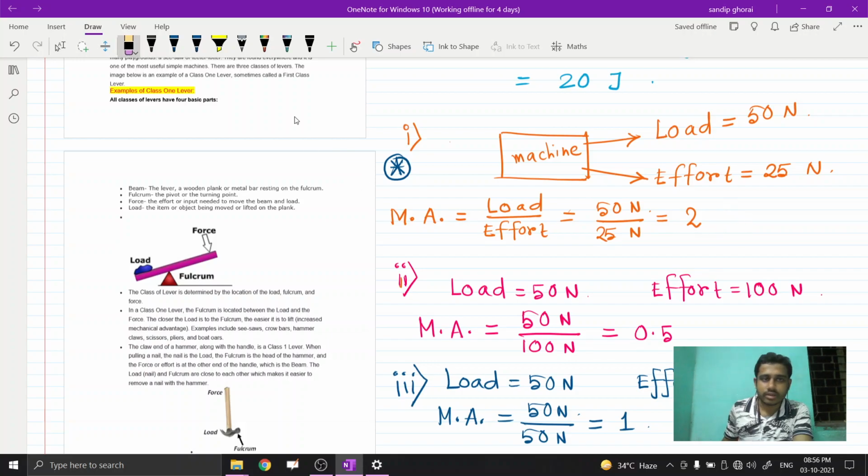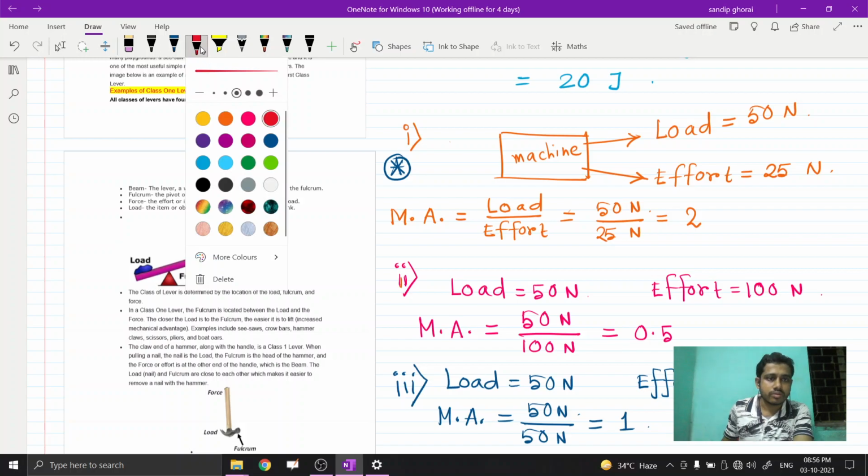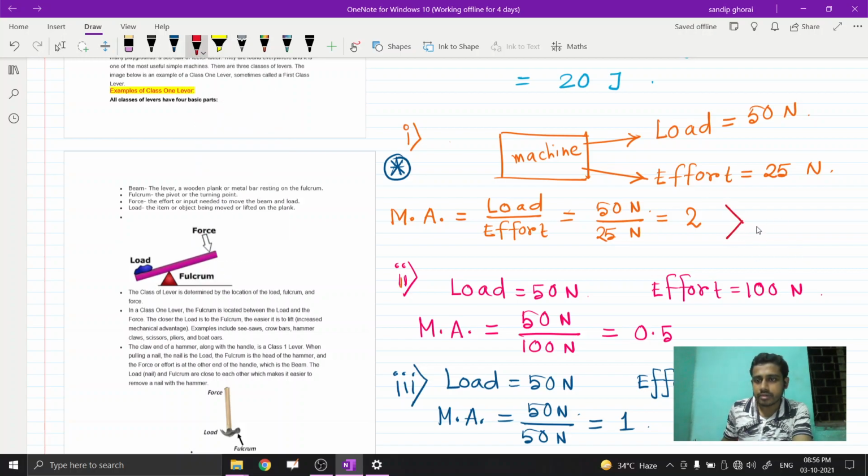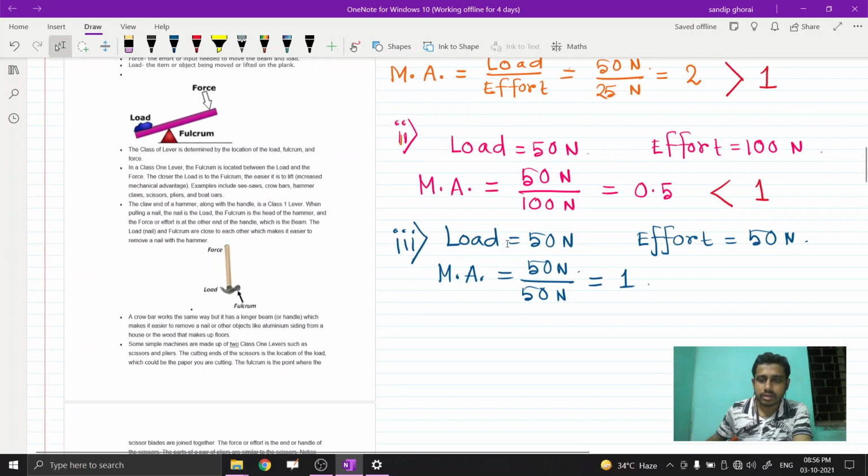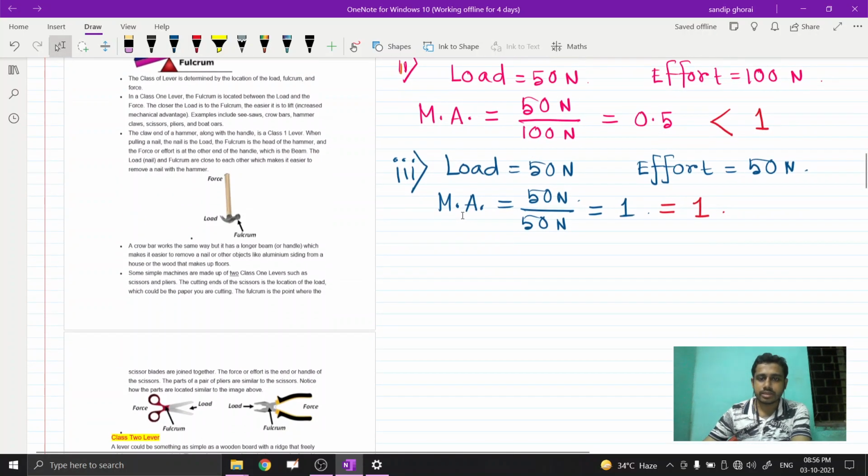For this case we take mechanical advantage greater than 1, and second one is 0.5 which is less than 1, and the third one is actually equal to 1. So from these three types of problem we know about three conditions.